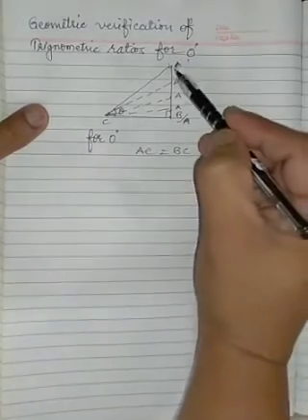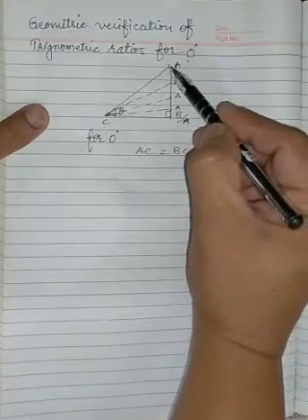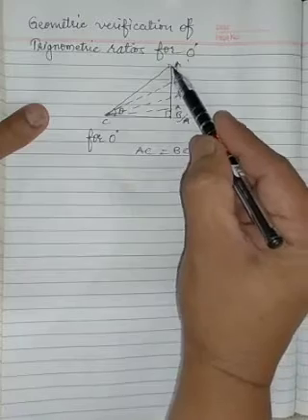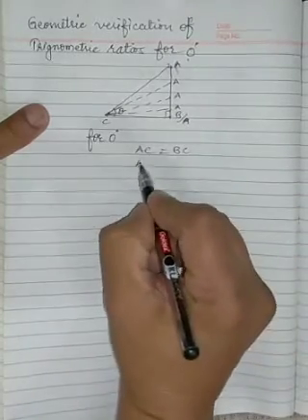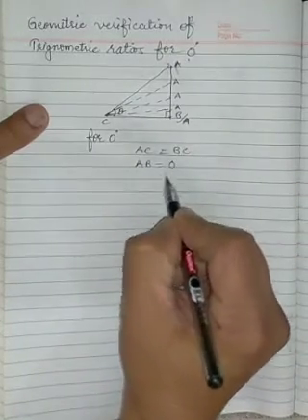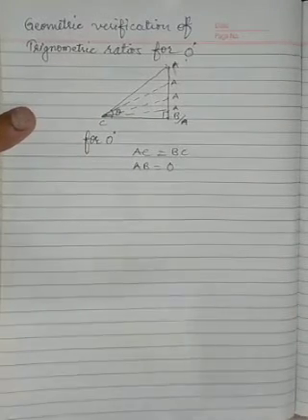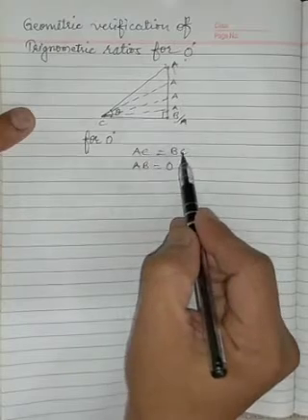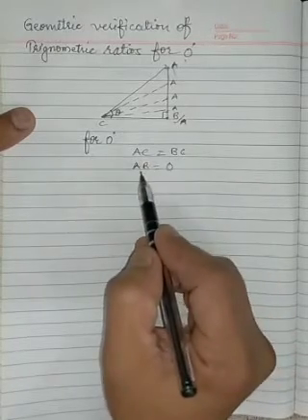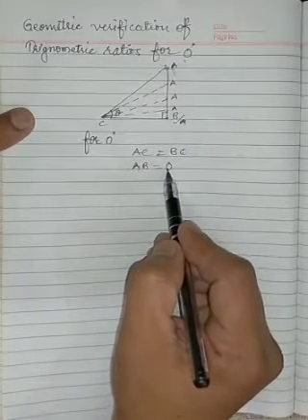And while bringing this point A down, the length of AB will at last become 0. So, two things we have noticed: AC becomes equal to BC and AB becomes 0.